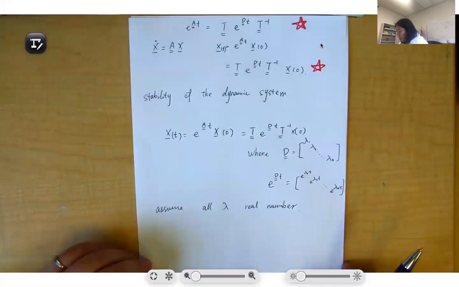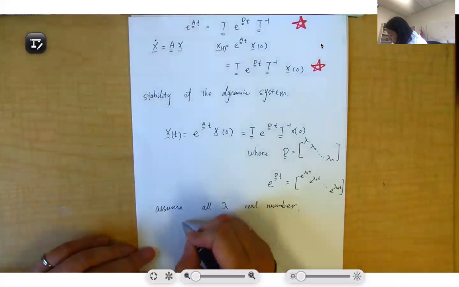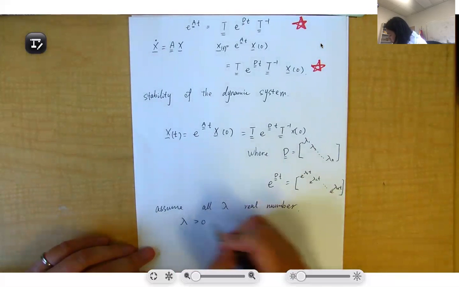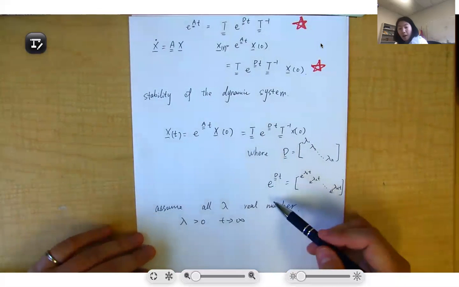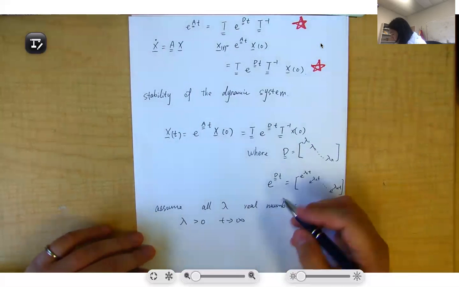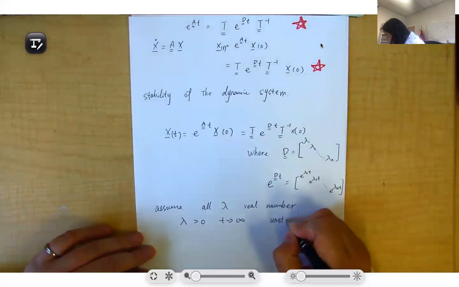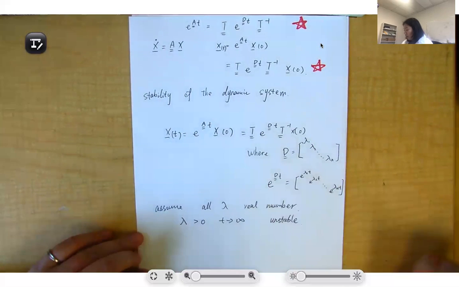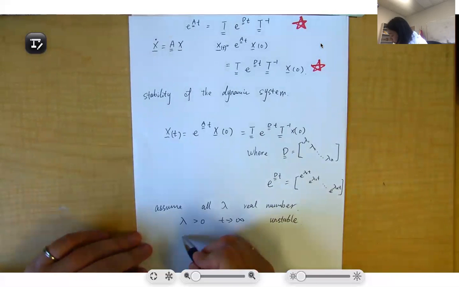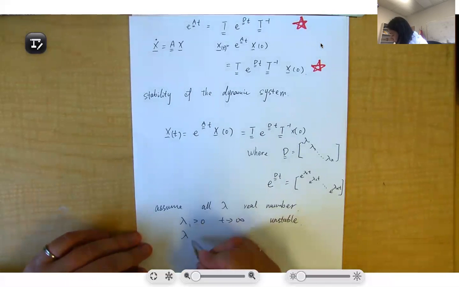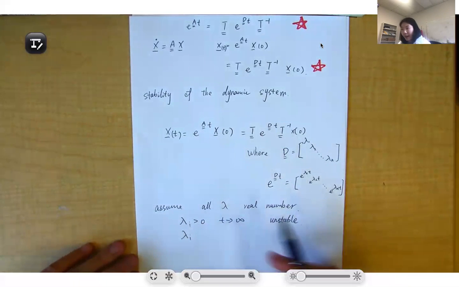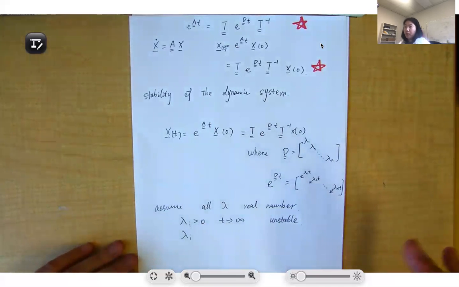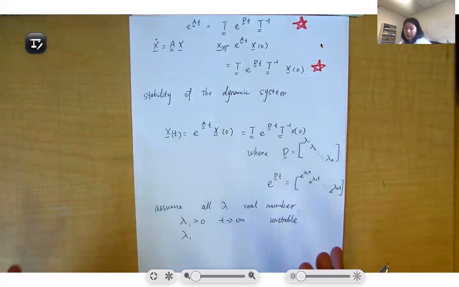So for stability, if lambda is over zero and t goes to infinity, then the system will explode, meaning unstable. And if just one of the lambdas is over zero, in that direction it is not stable, then the whole dynamic of the system is not stable.